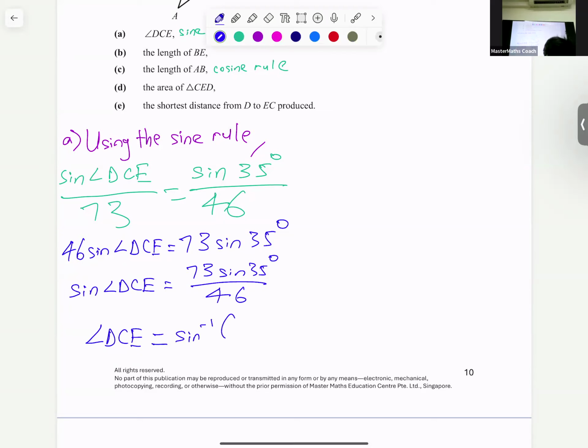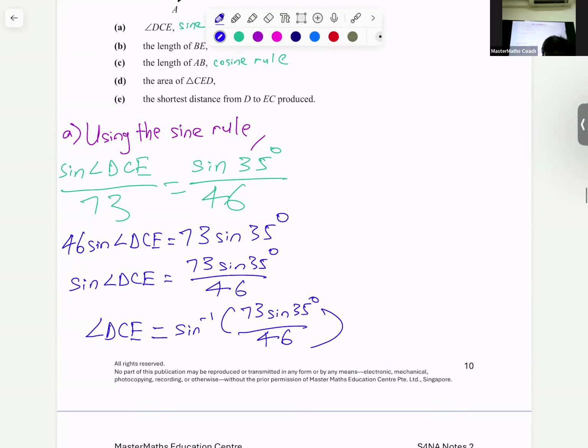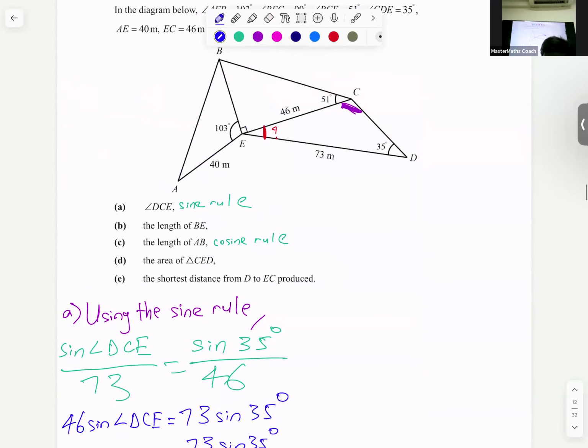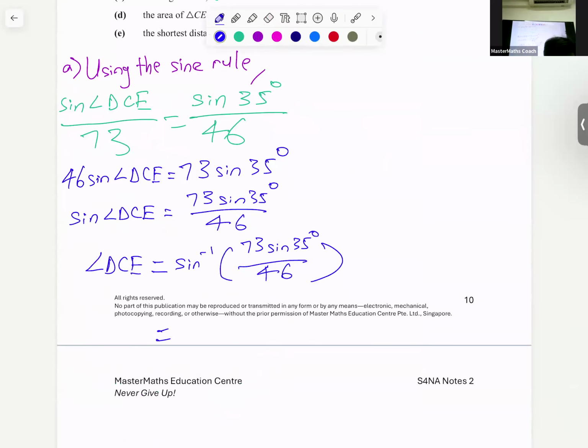So sine inverse of 73 sine 35 degrees over 46, and this will be 114.482.